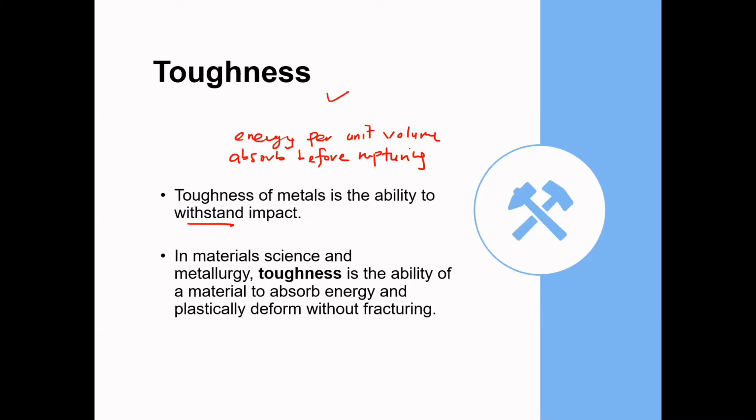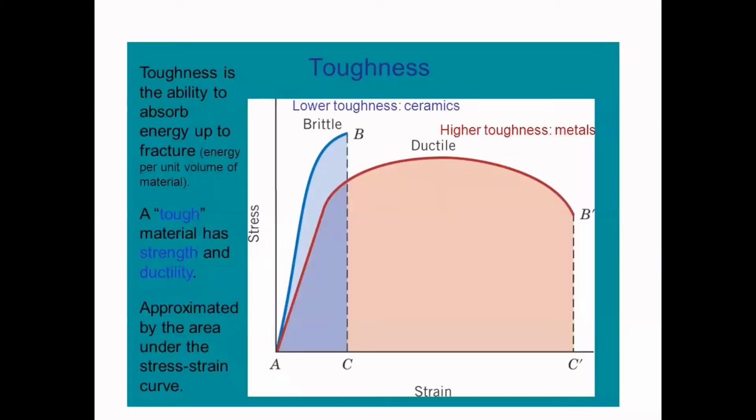In impact energy, the energy that is necessary to fracture a standard test piece under an impact load is a similar analog of toughness. So toughness refers to the capacity of a material to absorb energy prior to failure, like what I have mentioned before.